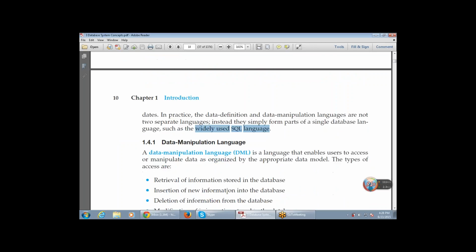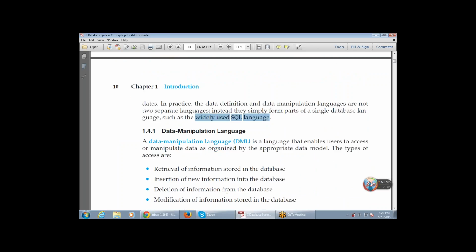Now let's start with the data manipulation language. Let's start with the first language, that is the DML. A DML is a language that enables users to access or manipulate data as organized by the appropriate data model.